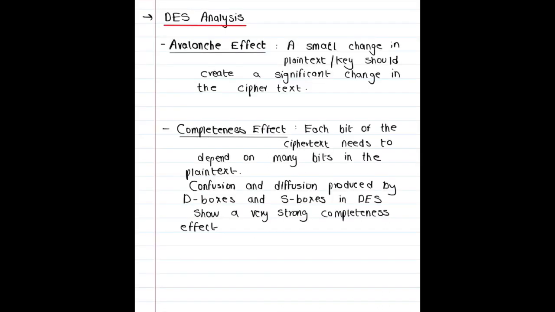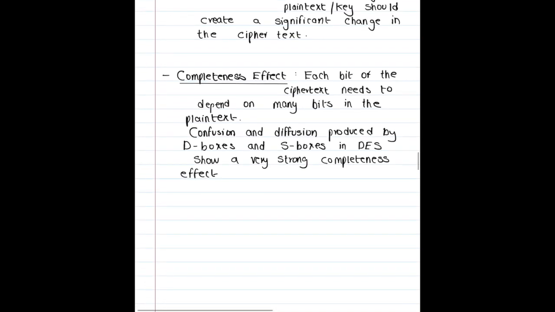There are two factors on which DES should be analyzed. Avalanche effect: a small change in plain text or the key should create a significant change in the ciphertext. For example, suppose our plain text is 11010101. We perform DES on it and get our ciphertext as 01001110.